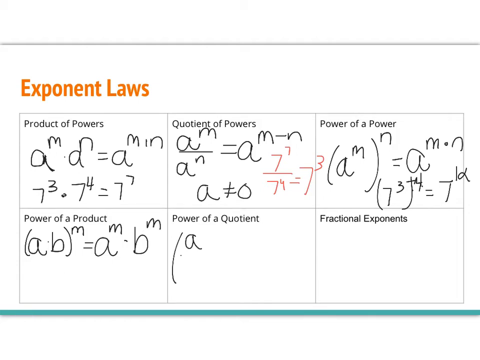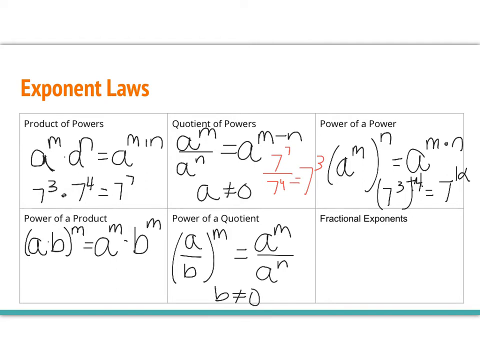So if we have a all over b all to the power of m, just like that, m applies to everything within our brackets in our fraction. So a to the m all over b to the m. Okay, where b can't equal 0 here. Otherwise, again, we get a 0 in our denominator.